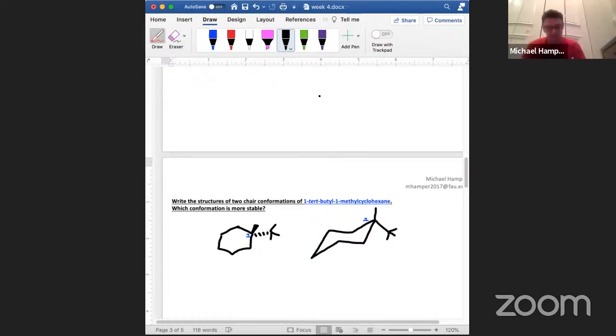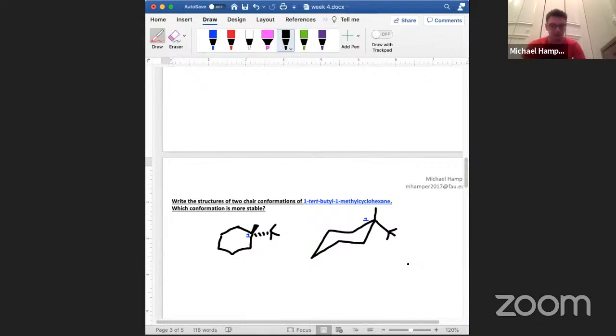It can exist in an axial position, but how would we get there? If I wanted to make this tert-butyl axial and this methyl equatorial, what would I do? What do we call it? Yeah, a chair flip.